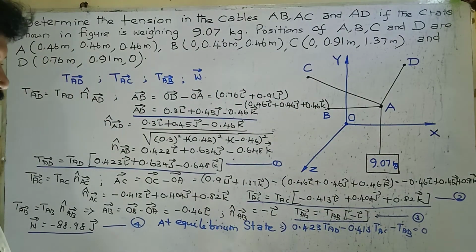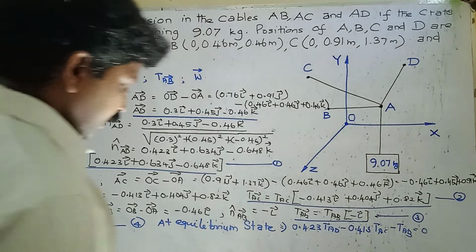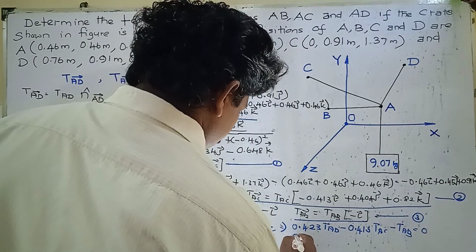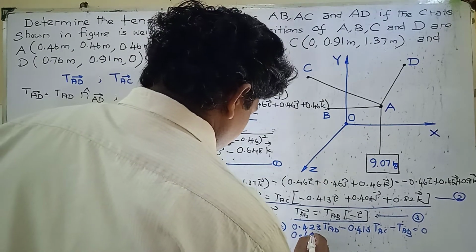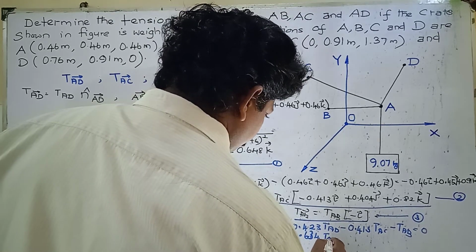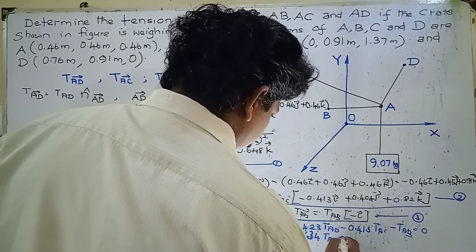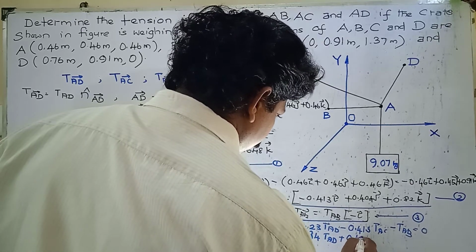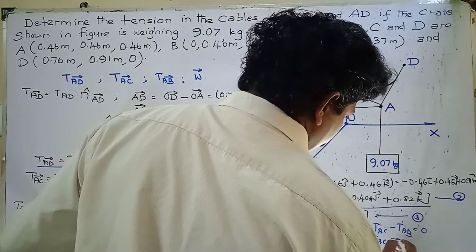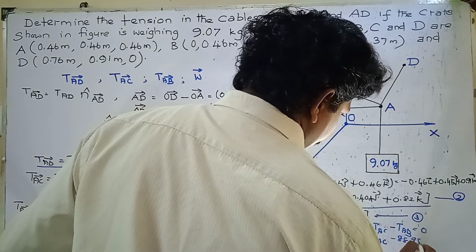And then the algebraic sum of J vector components equals 0. You have to find the second equation: 0.634 TAD plus 0.404 TAC minus 88.98 equals 0.